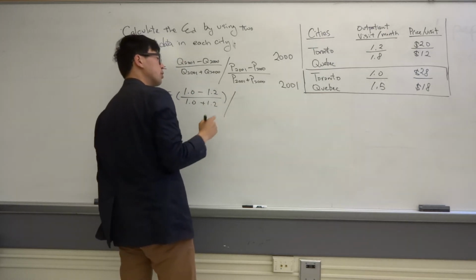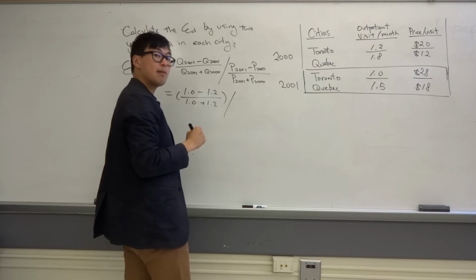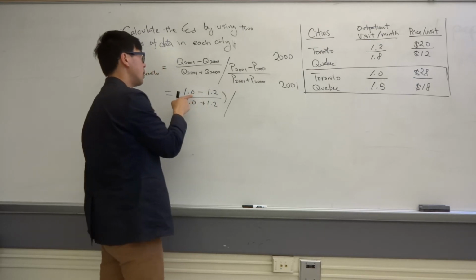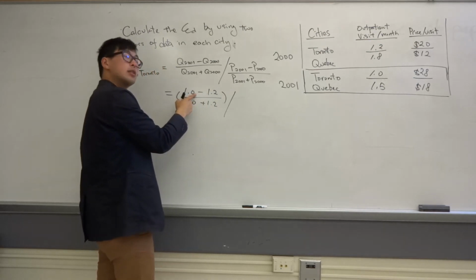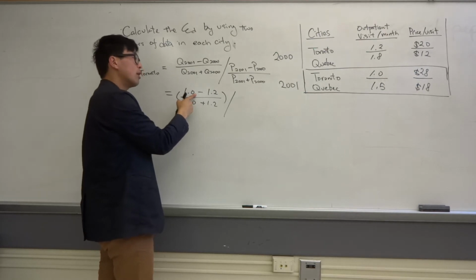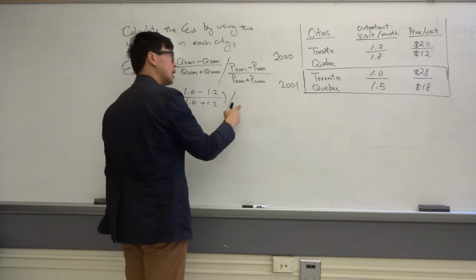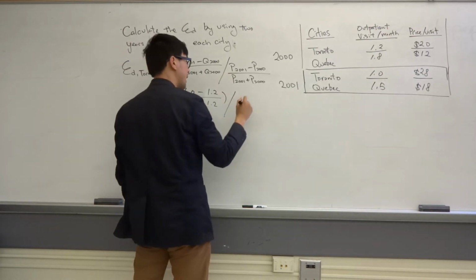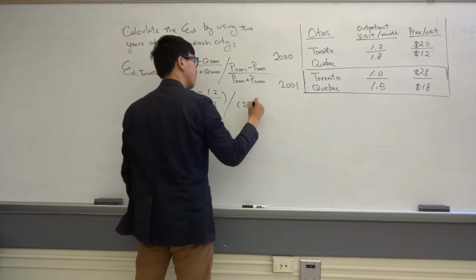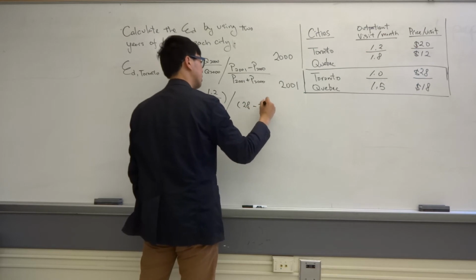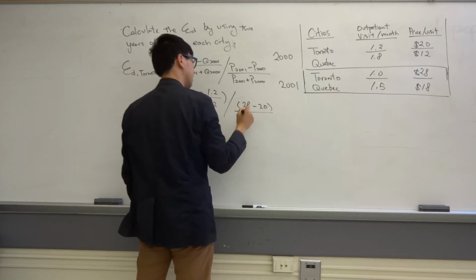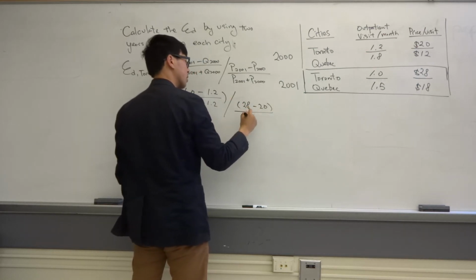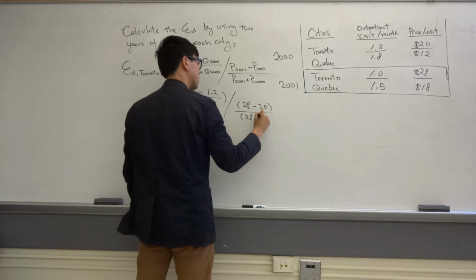Again, you have to follow the same order here. If you put the quantity in the year 2001 first, you want to put the price in 2001 first. So that means you want to use $28 minus $20 divided by $28 plus $20.